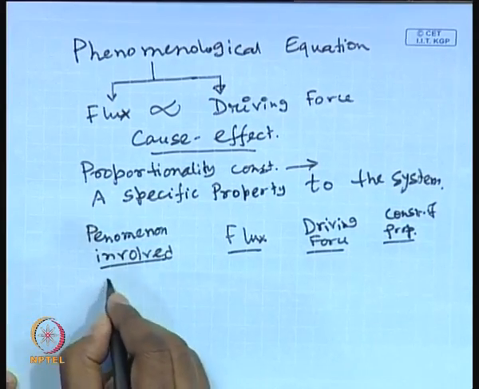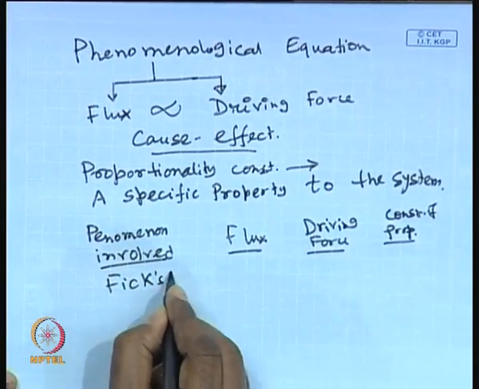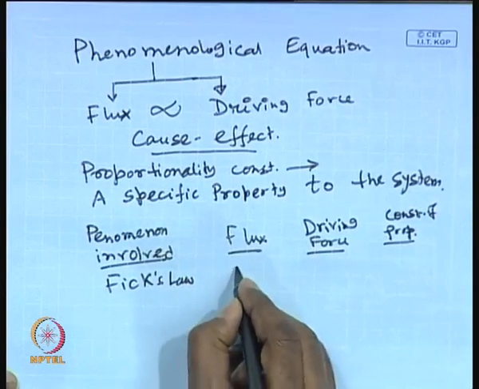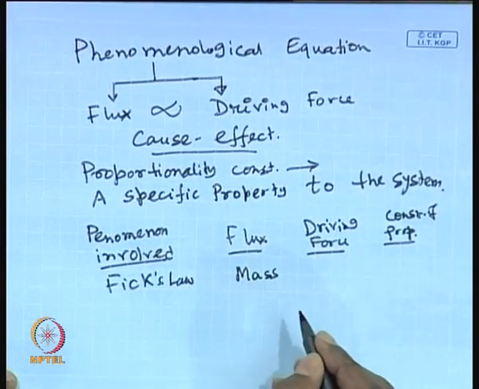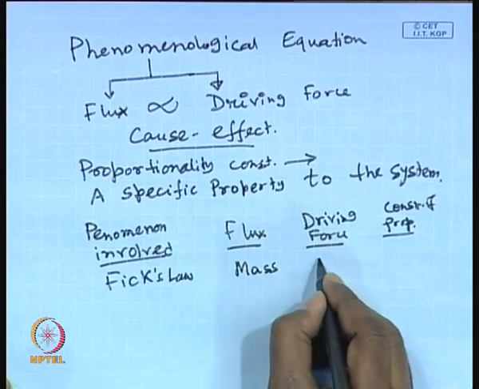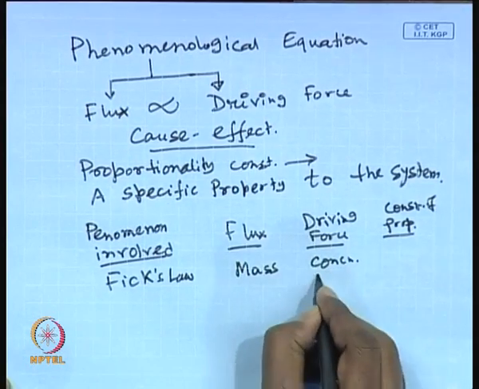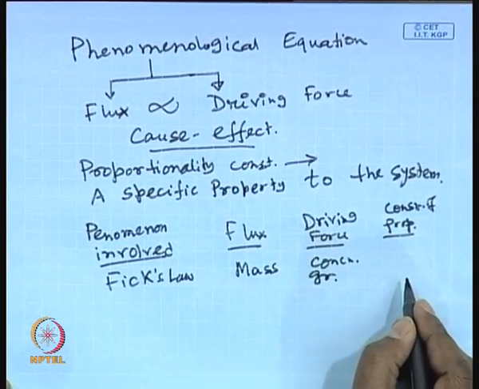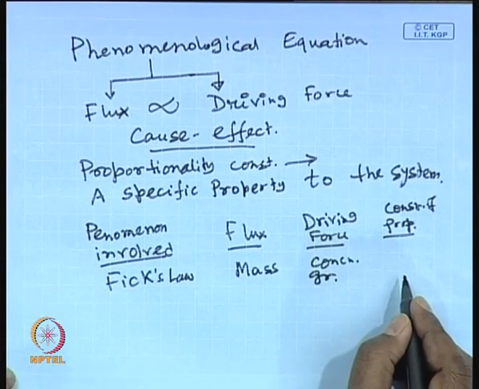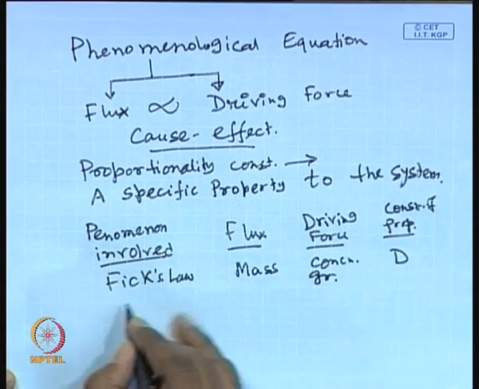The first phenomenon you know is Fick's law. The flux is mass flux, and what is the driving force? Concentration difference, concentration gradient. And what is the constant of proportionality? That is diffusivity. Second one is Ohm's law.